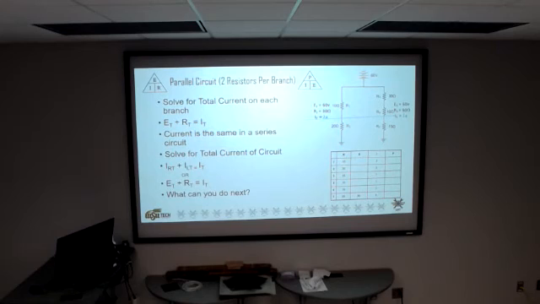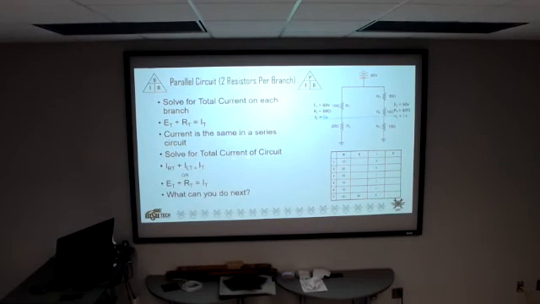Let's not lose you guys here for a second. So current is the same in a series circuit, right? So we want both of these legs to equal our total current. So they're not going to be the same.